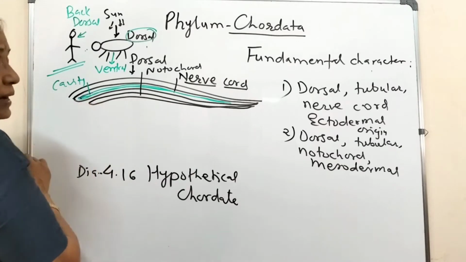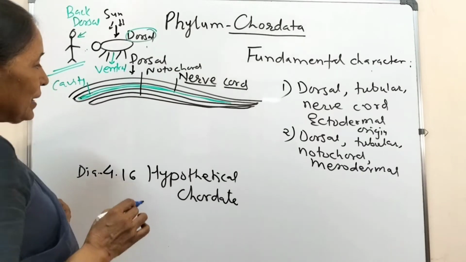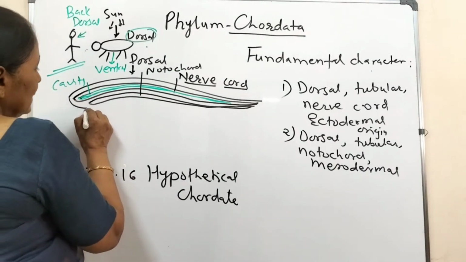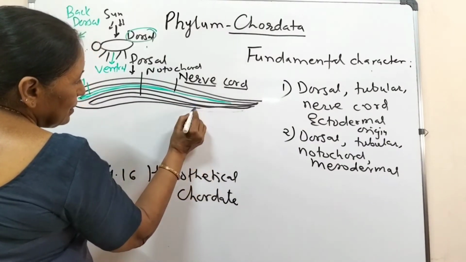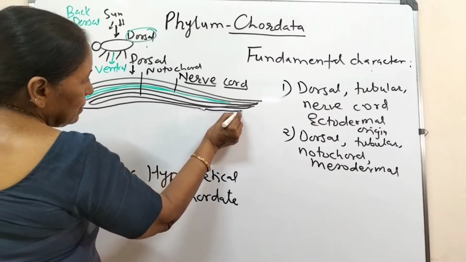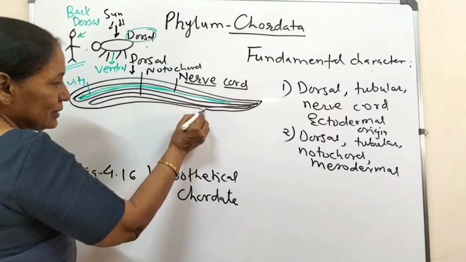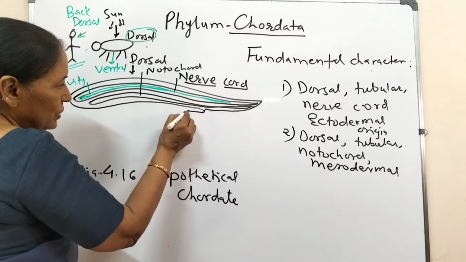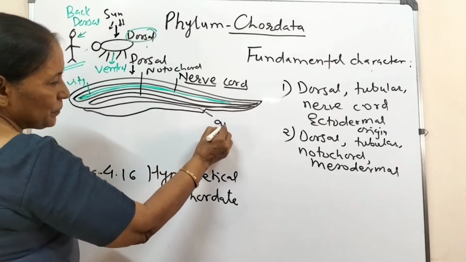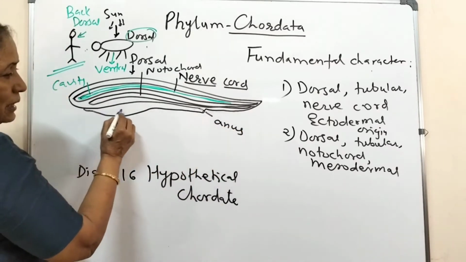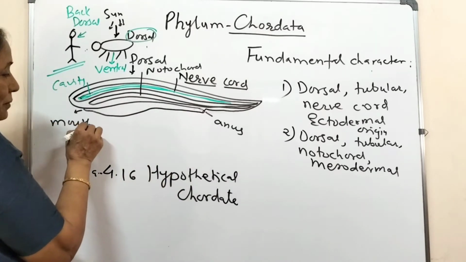From its front side the brain is going to be formed, and from this side the spinal cord will be formed. Now I am going to close it here, and then below it we are drawing the digestive system. So this is the anus, this is the complete alimentary canal, and at the front you can see this is the mouth.